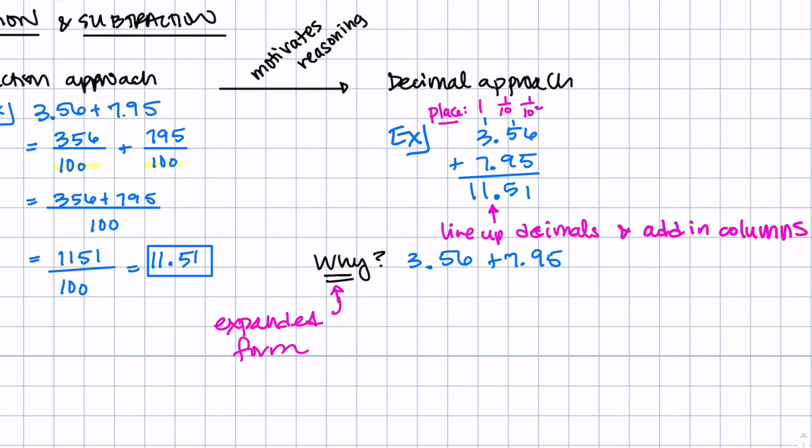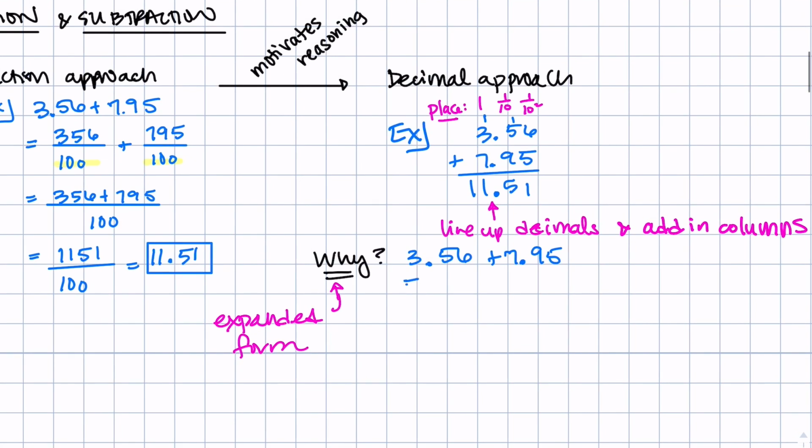We can further justify why this works using the expanded form. This is not how I would actually add these two numbers. I would either use the fraction approach or the decimal approach, probably just the decimal approach. But the reason why the decimal approach works is we can see using the expanded form of these numbers.